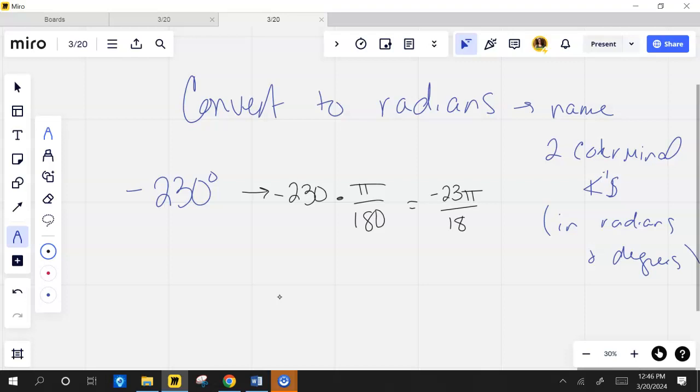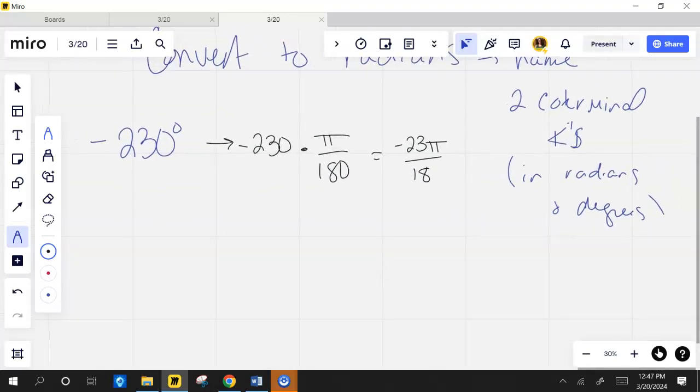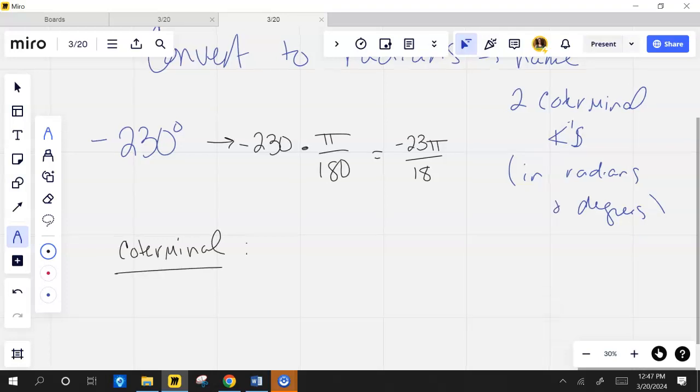Now, what if I need two coterminal angles? And I asked you to do them both in degrees and radians. So we'll do degrees first. I think it's the easiest. Because pi over 180 is 1. So the first one, let's do degrees first.